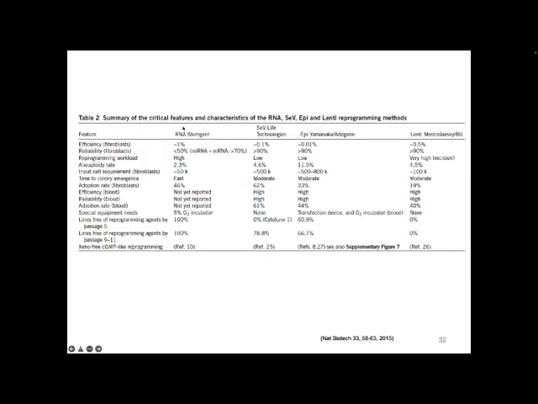This is a summary of the characteristics of the reprogramming methods. The efficiency of pluripotent stem cell colony induction is also different. So you may notice that you need to choose the right way to reprogram your cells for your experiment.